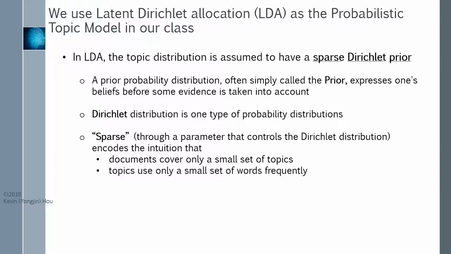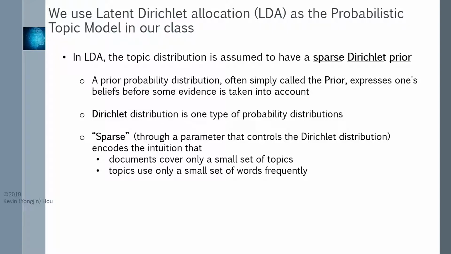In LDA, the topic distribution is assumed to have a sparse Dirichlet prior. What that means is, first, prior. Prior is the assumption of the probability distribution before any evidence is taken into account. And Dirichlet is one type of probability distribution commonly used as the prior distribution.